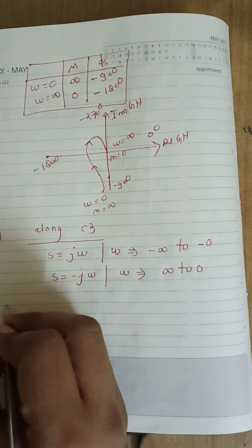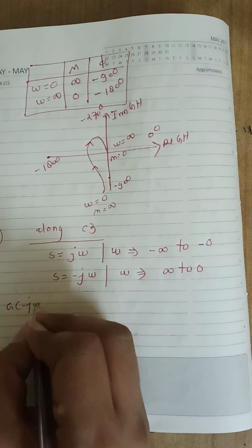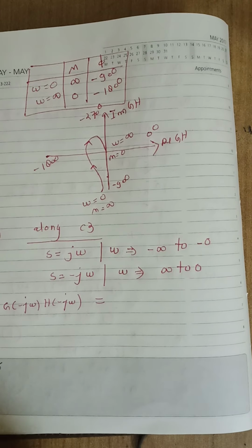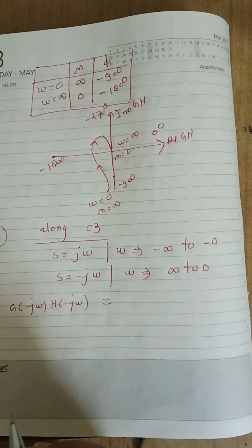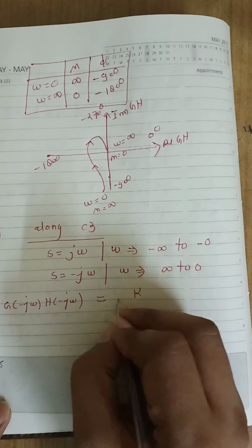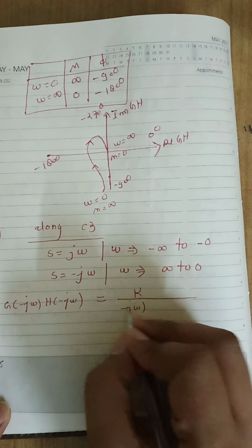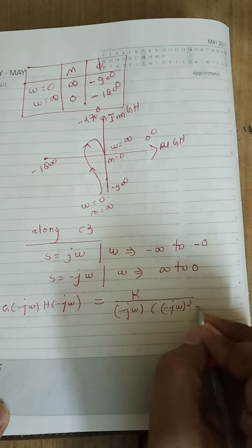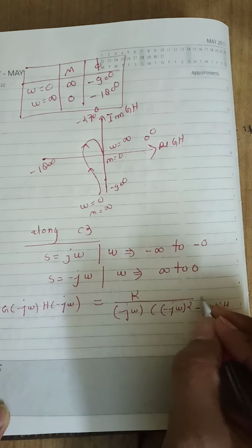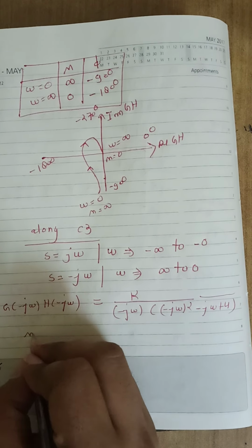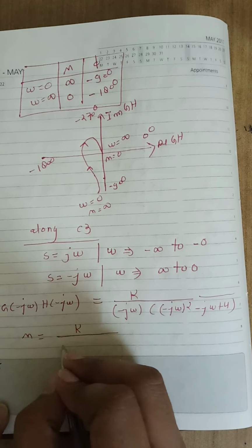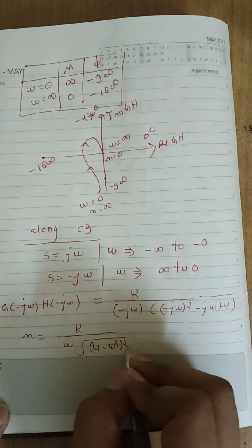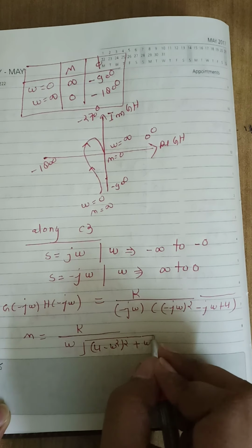So we have g of minus j omega, h of minus j omega equal to k over minus j omega, minus j omega power 2 minus j omega plus 4. So magnitude we have k divided by omega under root 4 minus omega square power 2 plus omega square.